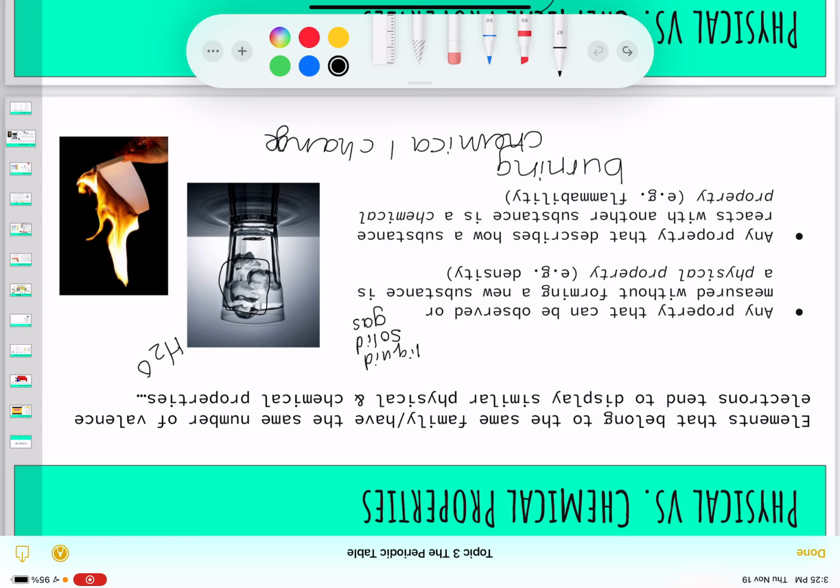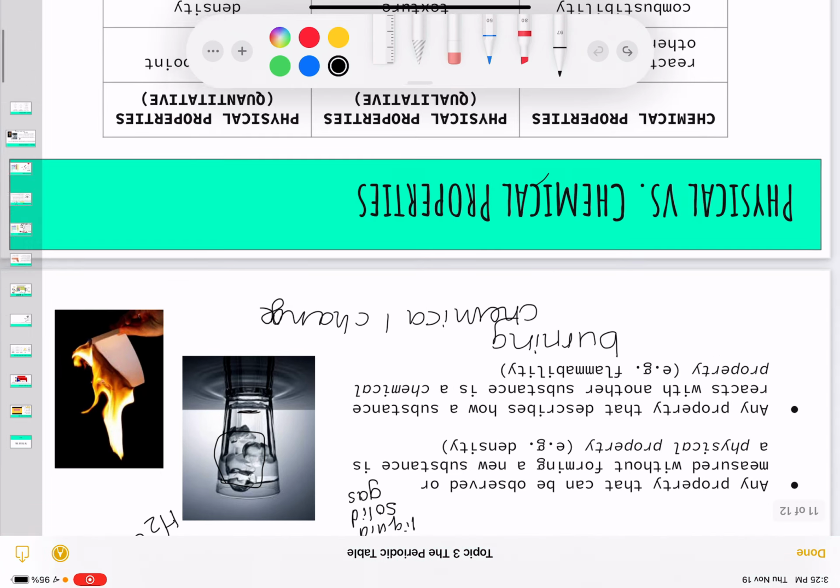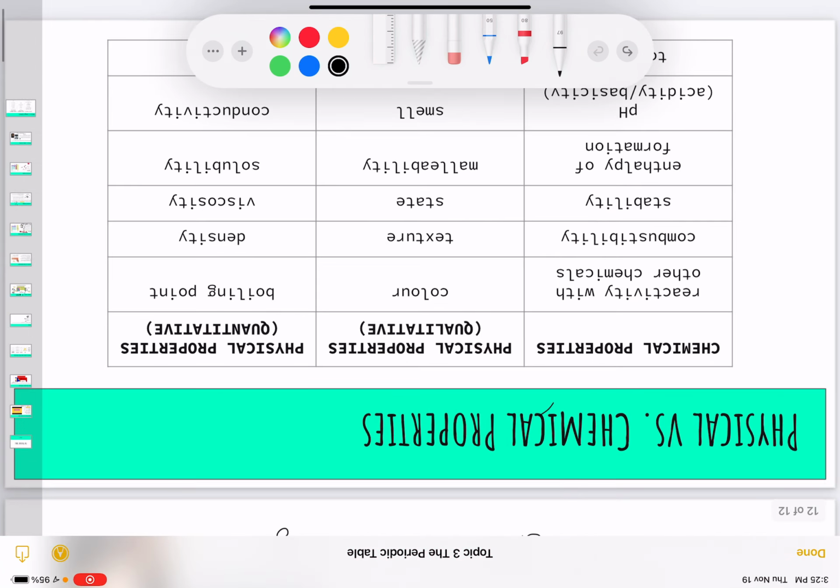And this is because this burning will actually give off carbon dioxide, which is something that may not have been there before. But regardless, not important. Just know that something that is becoming a new substance is a chemical change. And one of those ways is burning something or being flammable.